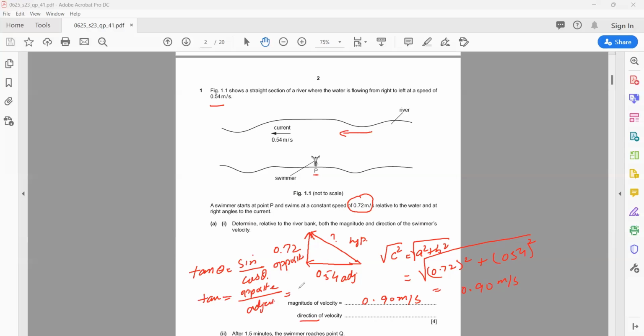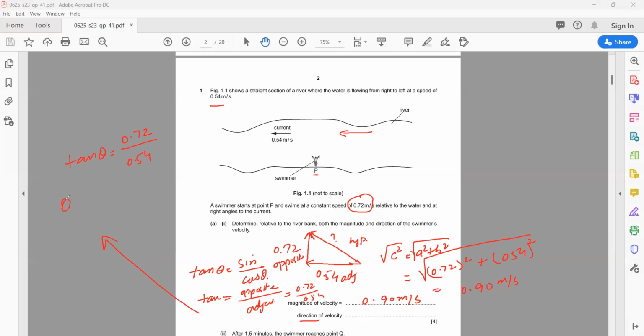So if you write this, it will be 0.72 over 0.54, tan theta equals 0.72 divided by 0.54.